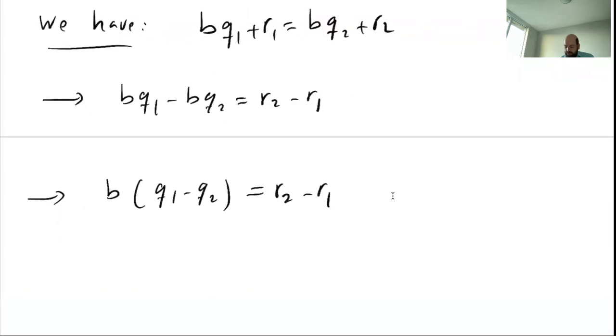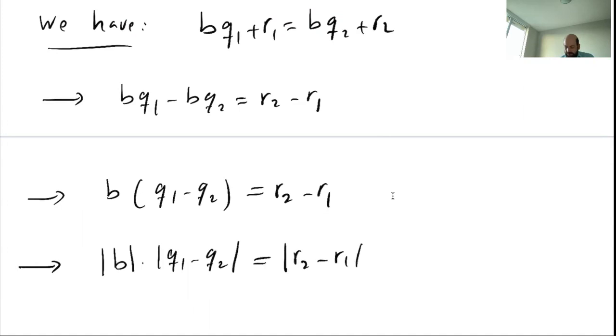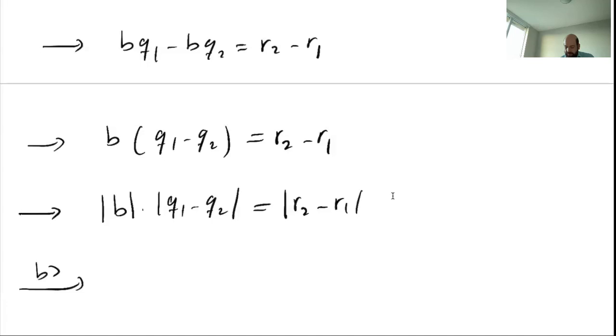Now, let's take absolute values: absolute value of B times absolute value of (Q1 minus Q2) equals absolute value of (R2 minus R1). And B is, remember, positive by assumption. So B times absolute value of (Q1 minus Q2) equals absolute value of (R2 minus R1).